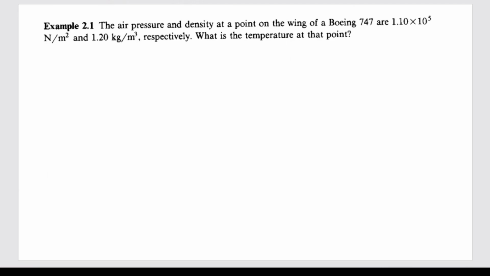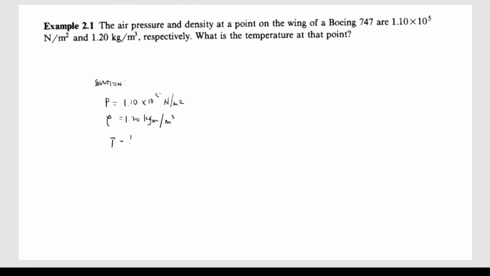So solution. Let's first write the given: pressure is 1.1 times 10 raised to 5 Newton per meter squared. Next is the density, 1.20 kilogram mass per cubic meter. And then, what is the temperature?